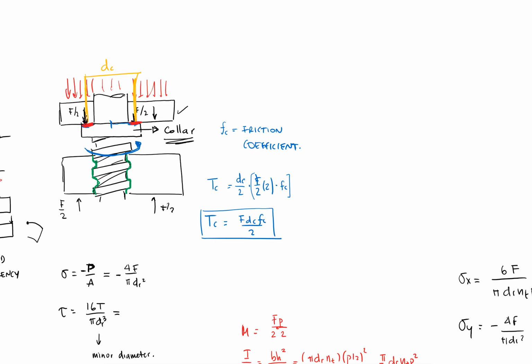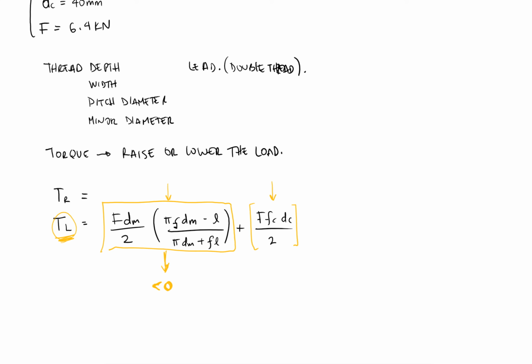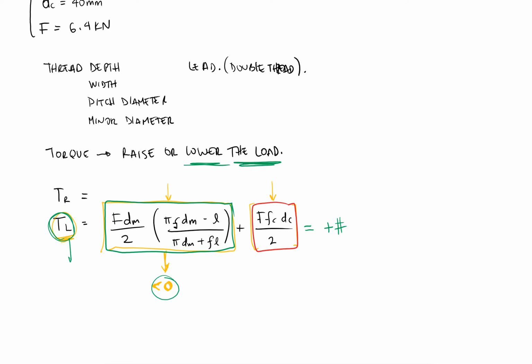Okay, and so when you add, let's go back to the equation, green and red together, even though the green was not enough, it's below 0, the total value for this is going to be a positive number. Okay, so basically that just says that you actually need to subject it to a torque, to add a torque to lower the load, right? And so these are the questions.